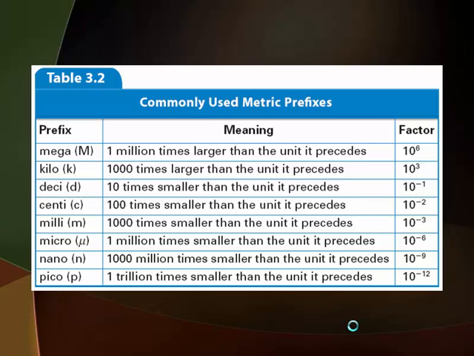And that's really one of the reasons why the British system is so cumbersome, is because we divide things into smaller pieces, but we don't stay consistent in how many pieces we divide them. So we take a foot and we divide it up into 12 equal pieces, and that's an inch, but we don't stay consistent, so we don't divide an inch into 12 equal pieces and call that something else.